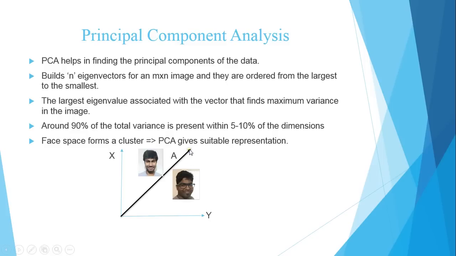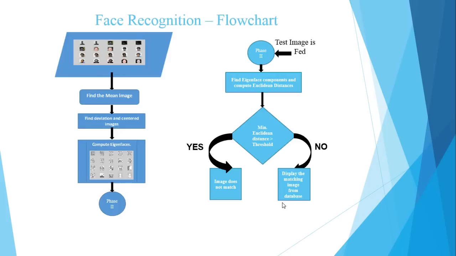But rather, if we consider the a-axis, we will be able to obtain the maximum variance. So this is the salient feature of this approach, wherein around 90% of the total variance is present within 5 to 10% of the dimensions. And also the face space forms a cluster, but PCA gives a suitable representation. So this is the biggest advantage of PCA.